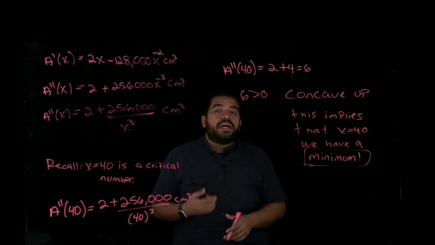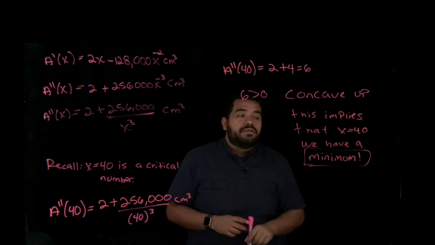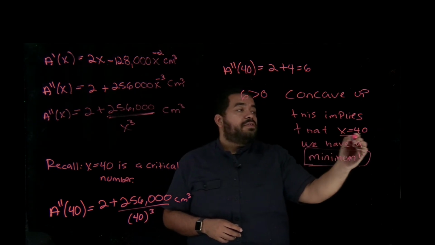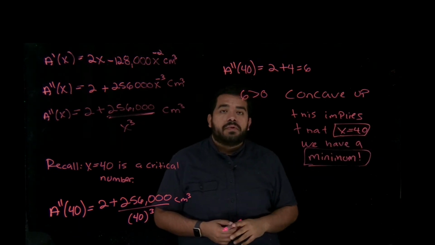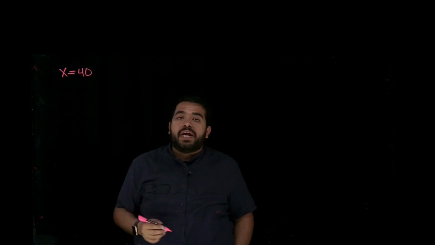But remember, we have x's and y's, so now we're going to have to solve for y, knowing that we already found what we needed for x, which is this here. All right, so let's continue. We already verified that when x is equal to 40, we have a minimum.